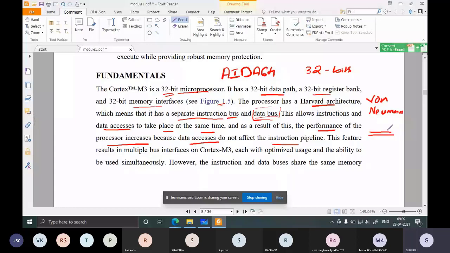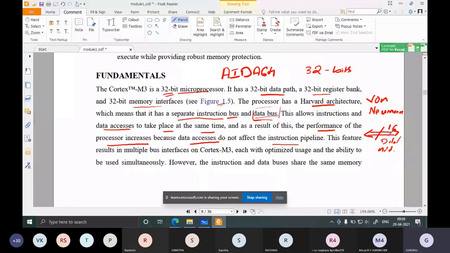But in the case of von Neumann architecture, there will be a single bus. Let's say this bus is 16 bits. It is used for both data as well as address. For some time it will act as an address bus, and for the remaining time it will act as a data bus.